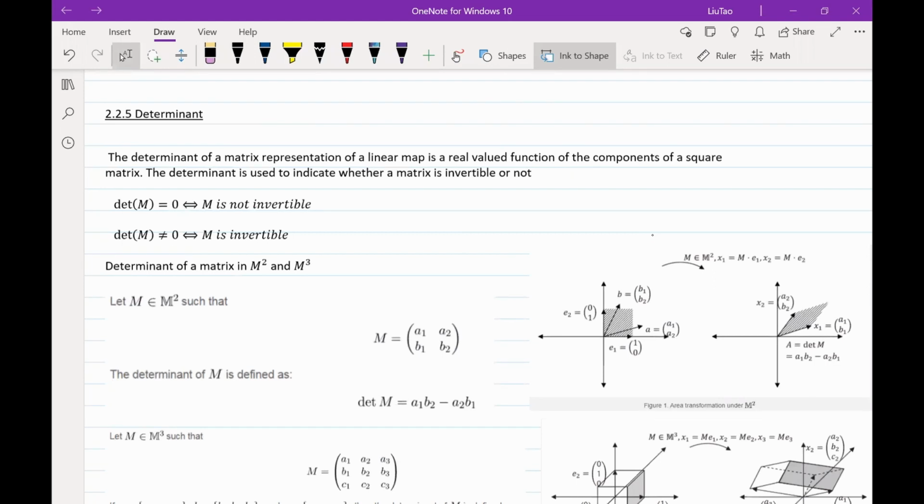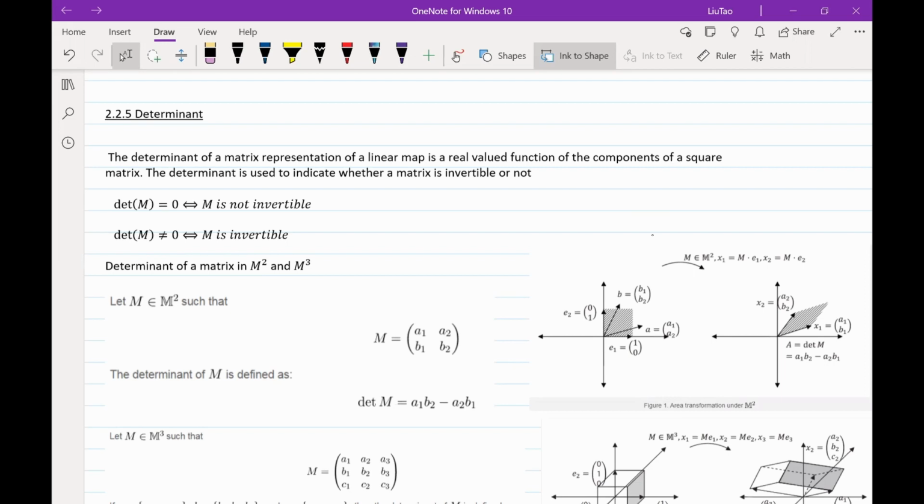Now let's talk about determinant. From the previous session, we know that bijective linear maps are invertible and can be represented with a matrix. However, how do we know if a matrix is invertible, especially a higher dimensional matrix?